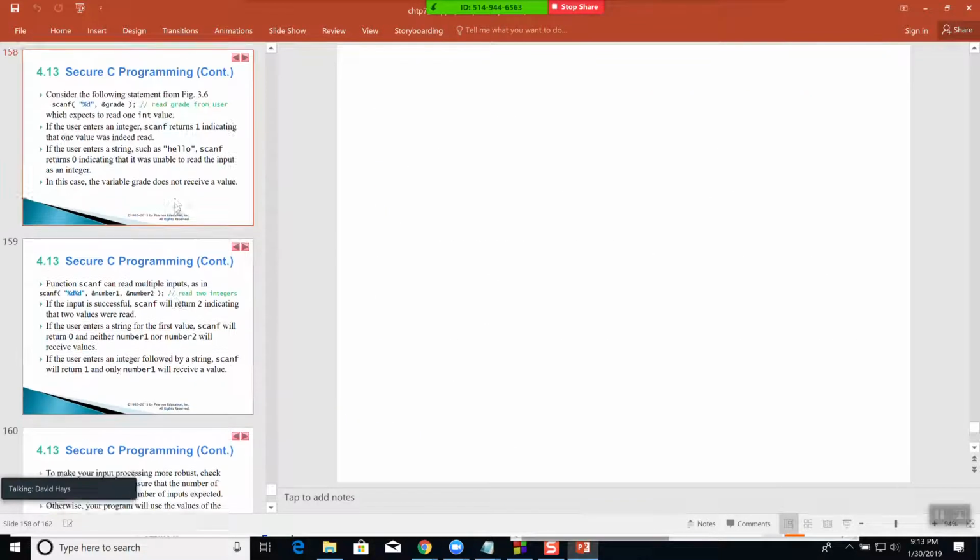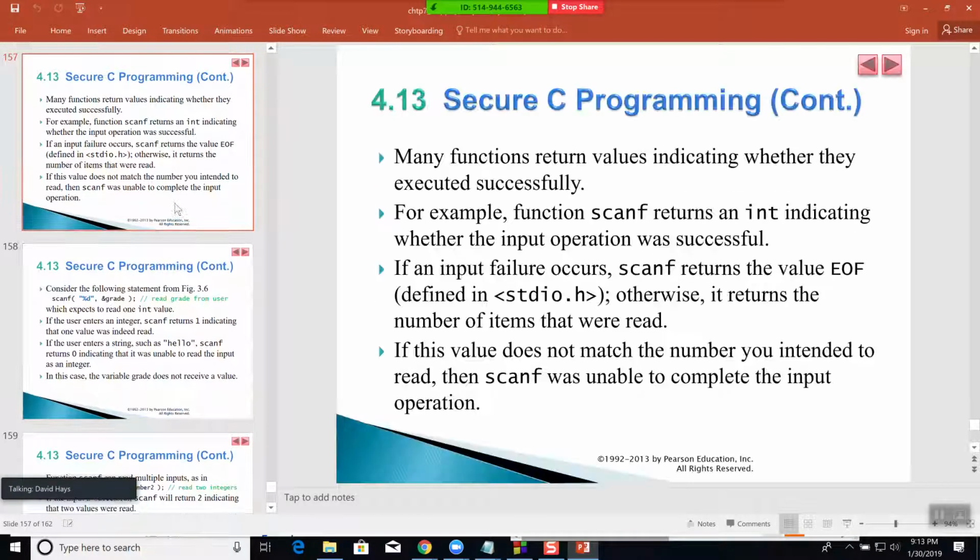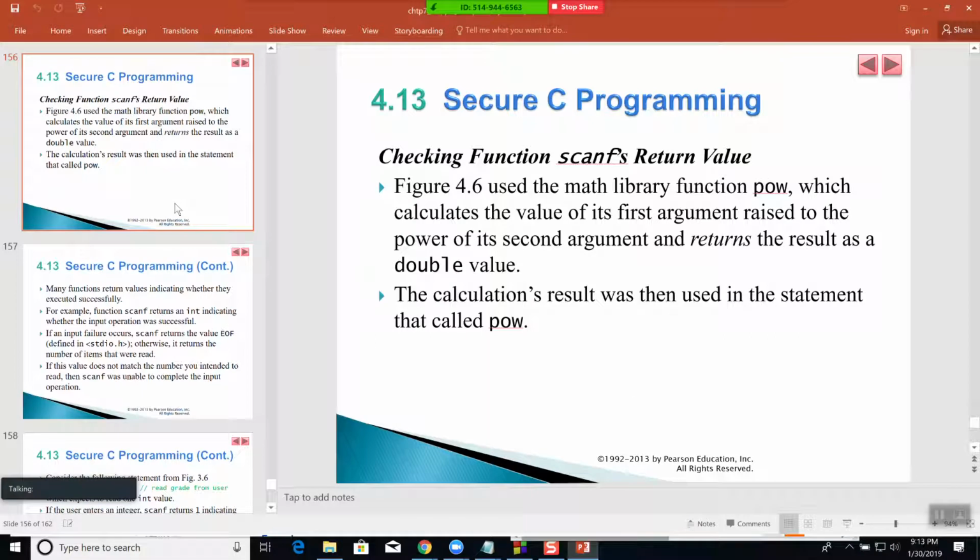Secure C programming. This is really worthwhile to read if you want to program yours so somebody can't hack in and so forth. Figure 4.6, use the math library function pow, which calculates the value of its first argument raised to the power of its second argument and returns the result as a double value. As used in that. Okay.